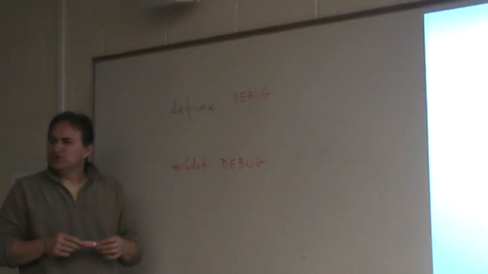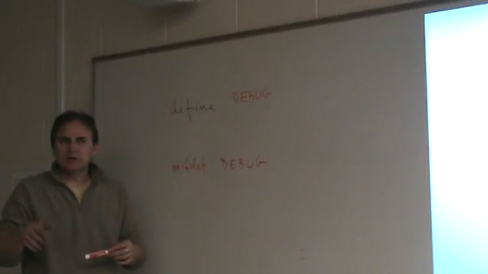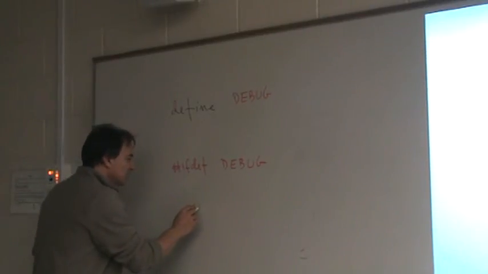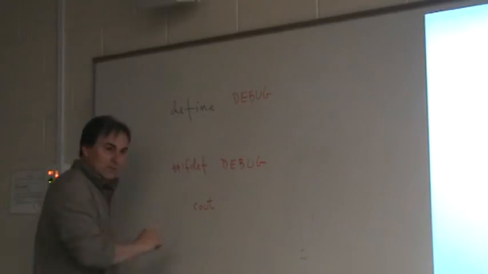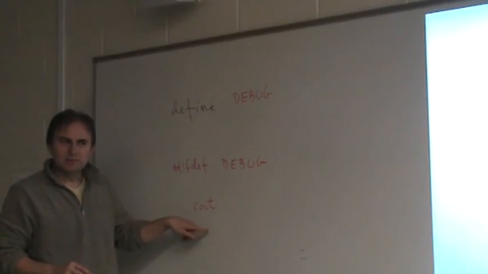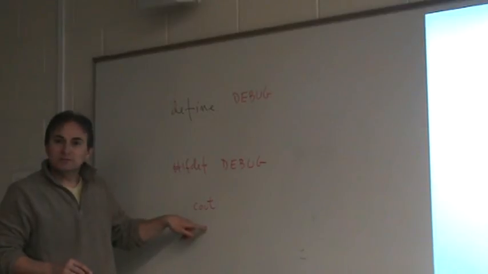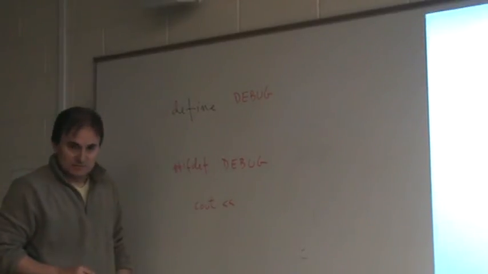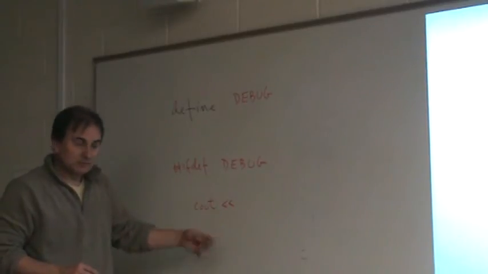What object do we use in C++ to send stuff to the screen? Cout. So cout. That's an object. For Java people, it's like System.out. What is this? It's an output operator.